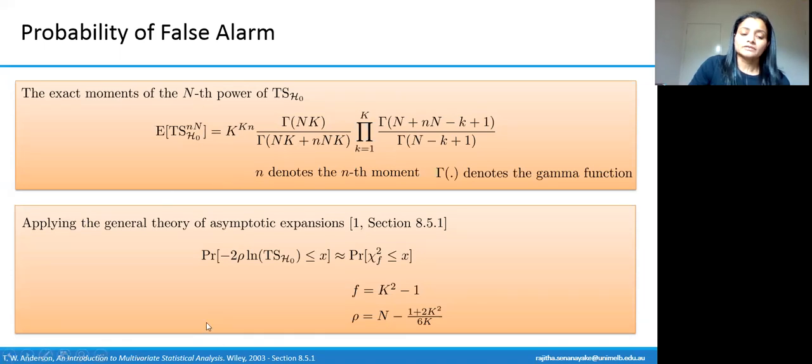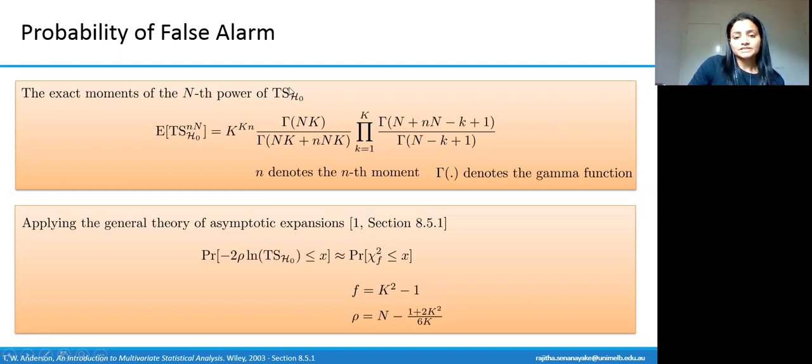In order to use this theory of asymptotic expansions, we had to first find the nth moment of our test statistic. Here I have written the exact expression for the nth moment of this test statistic, which I could write like this in terms of several gamma functions.